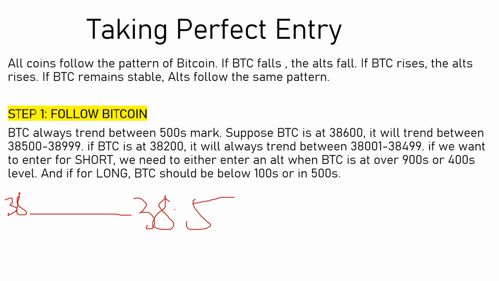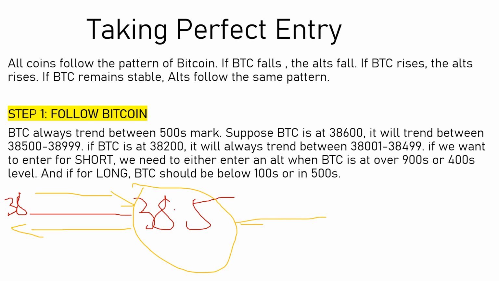First and foremost, a coin will always trend in the 500 marks. It'll try to go here and it'll try to come here. Okay, and if the coin finds that they can hold on to this mark, if it has tested enough resistance, then they will move to another line.